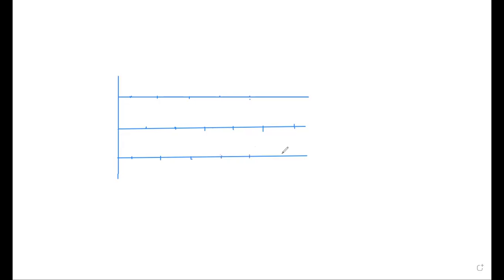So this way, you just draw the graph. Draw this graph in this way.